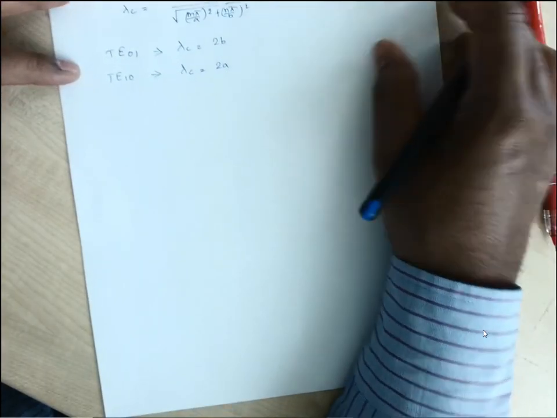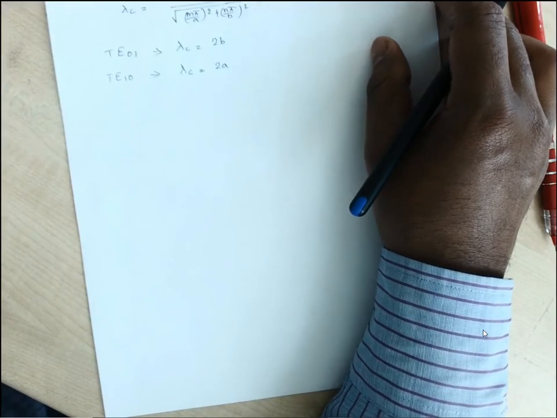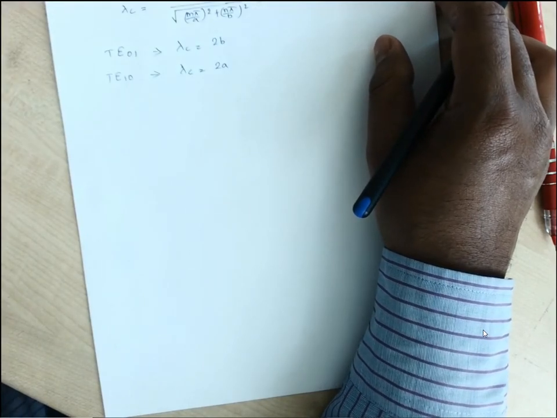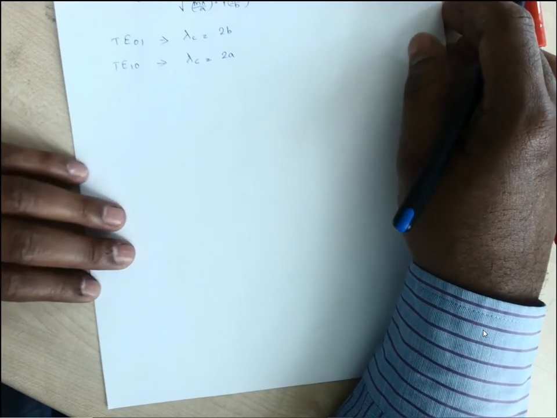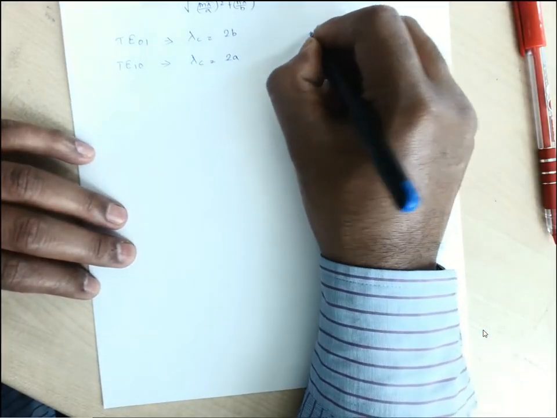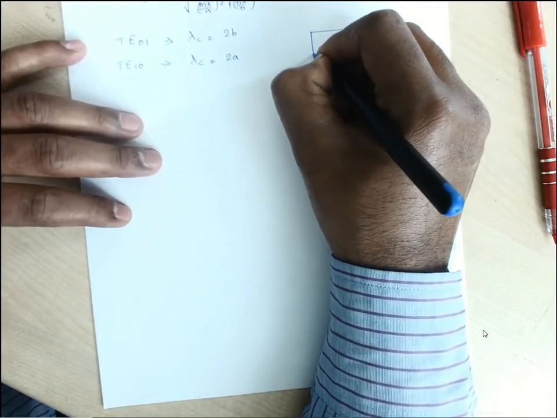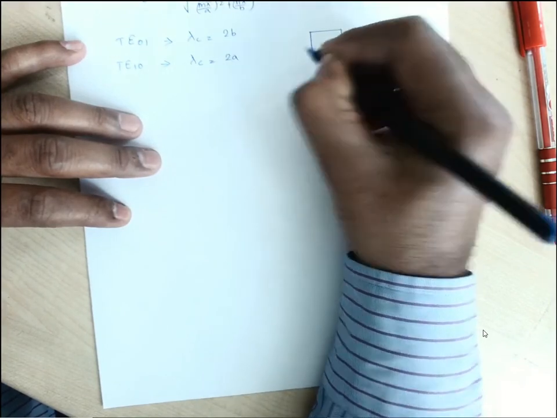So these two modes will produce the same cutoff wavelength or cutoff frequency only when a and b are the same. What does it mean? Our waveguide structure is square shaped, not a rectangle.